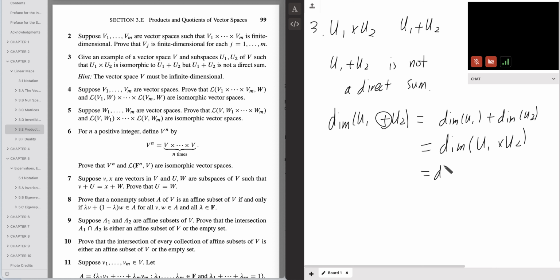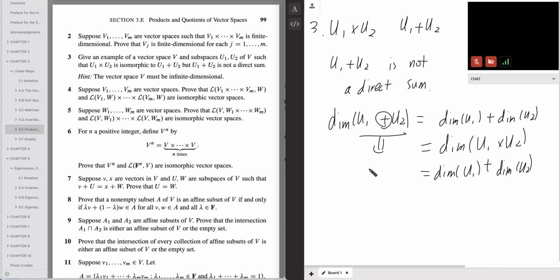But if you do not have a direct sum, then some of the dimensions are missing in the sum, right?